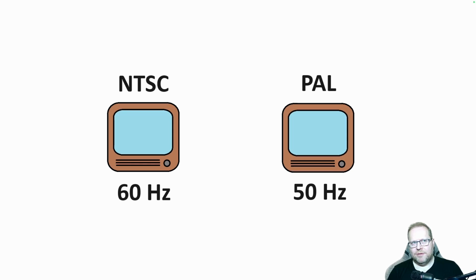Let's take a look at this now. When we're programming for the Commodore 64, there are two different TV standards. We have NTSC, the standard that's used in North America and Japan, and then we have PAL, which is used in Europe and a lot of other countries, Australia as well. For the NTSC standard, the television is updated at 60 Hz, which means 60 frames per second.